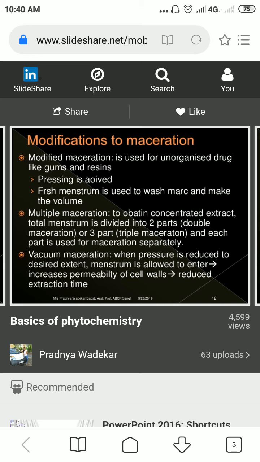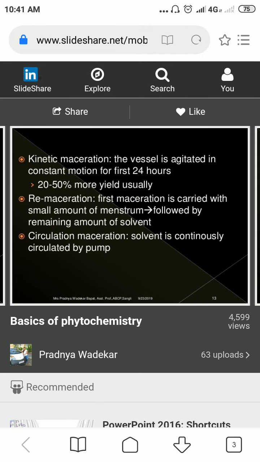According to the volume of your solvent, you can get the proper yield. If your solvent is in high volume, then you can get more efficient extraction. But that may require more solvent as compared to other methods. So these are somewhat the disadvantages of maceration.